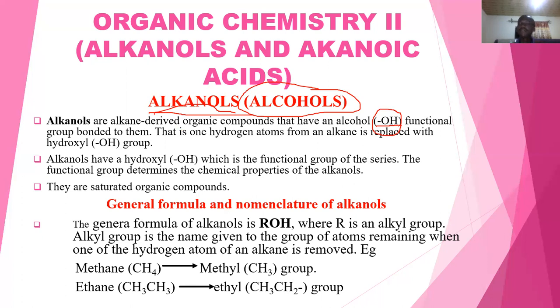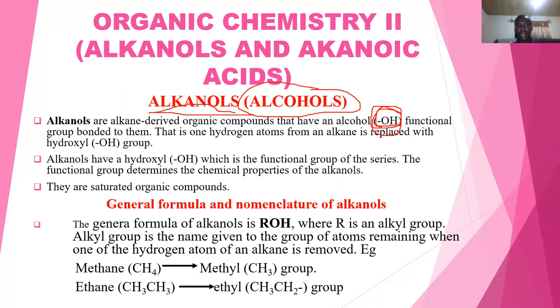For us to derive the alkanols from alkanes, one hydrogen from the alkane is replaced by the functional group, which is hydroxyl, to make it an alkanol or alcohol.